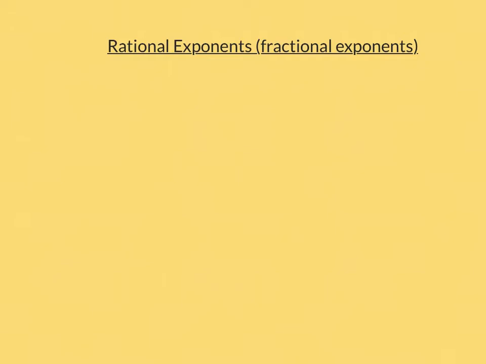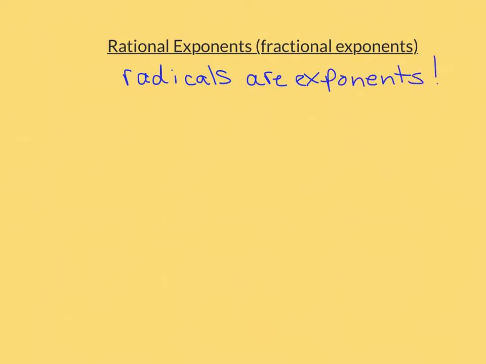Okay, so how does the power on power rule relate to fractional exponents? Well, the main takeaway here is that radicals are exponents. That's the main thing. And exponents are radicals, if you want to look at it that way.